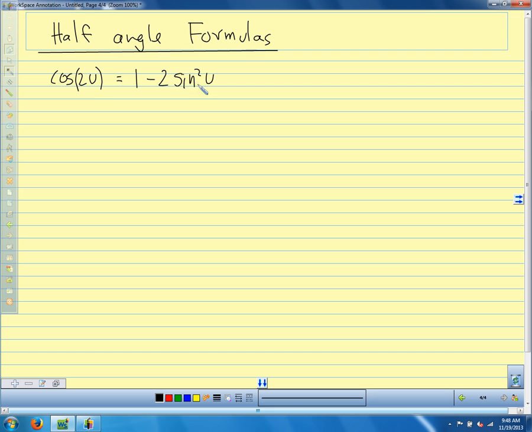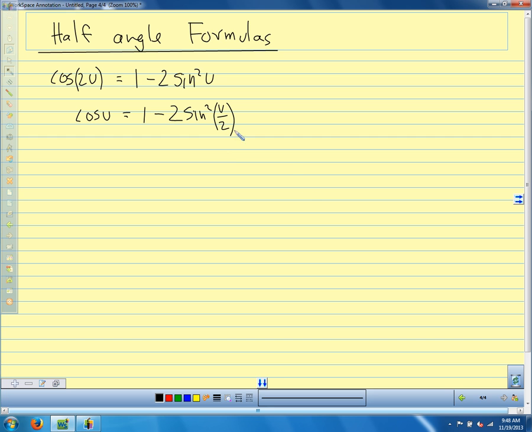So I can rewrite this and say that the cosine of u, it doesn't matter what I call it, as long as I keep this one half as big, equals 1 minus 2 sine squared of u over 2. This angle is half as big as this angle. Just a different way of writing the same formula.